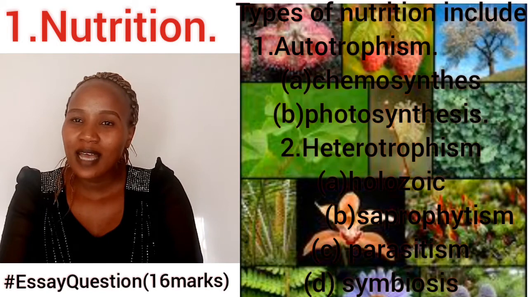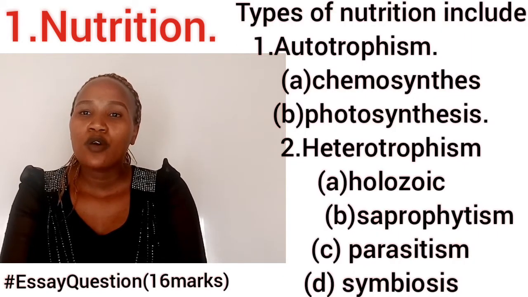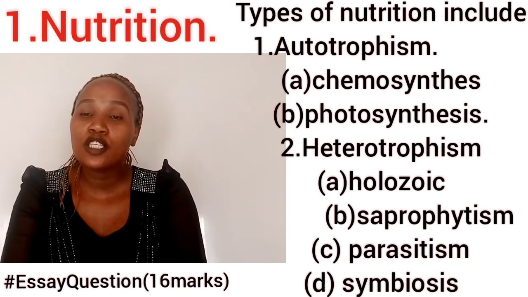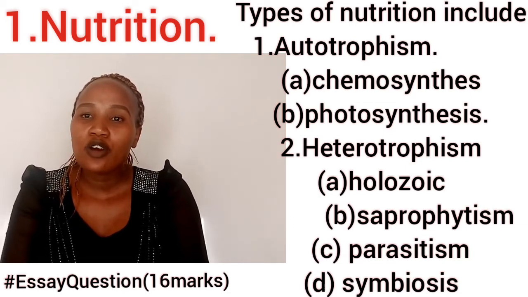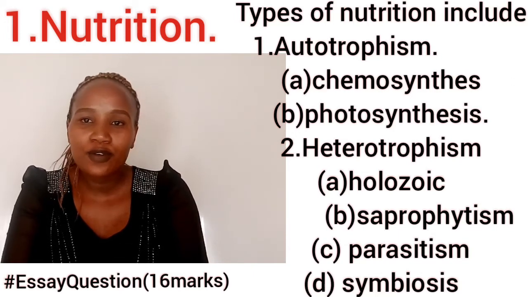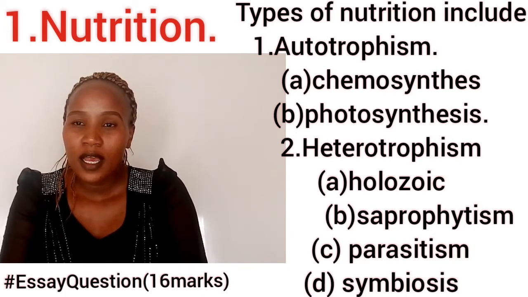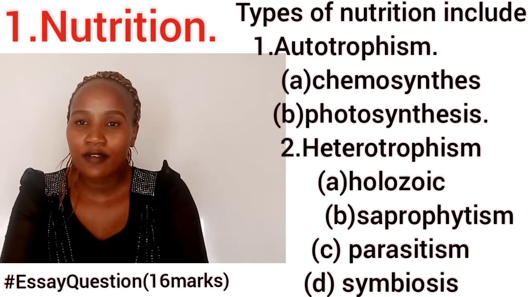Let us look at this other group that comprises the organisms known as heterotrophs. They are called heterotrophs because they rely on already synthesized food. They feed on either plants, flesh, or both plant and flesh.